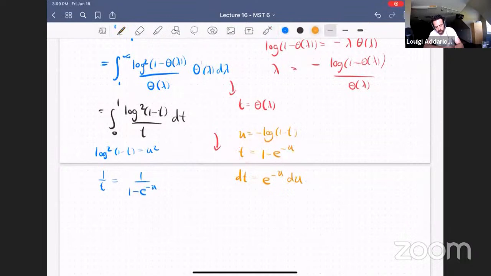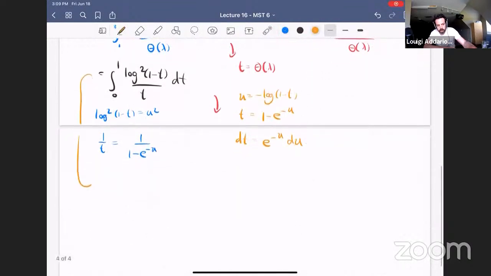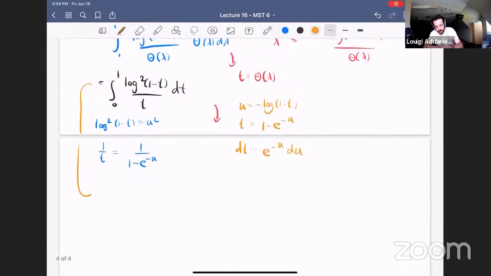And so then the whole integral becomes an integral now from, as t goes from 0 to 1, this minus log(1 minus t) goes from 0 to infinity. So we get the integral from 0 to infinity of u squared e to the minus u du over 1 minus e to the minus u, right?